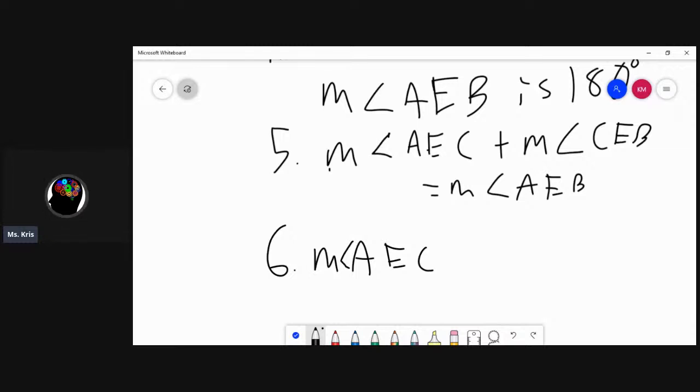So measurement angle AEC plus the measurement of angle CEB, it equals 180 degrees based on substitution.